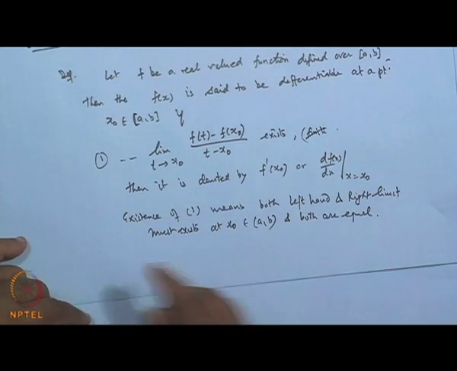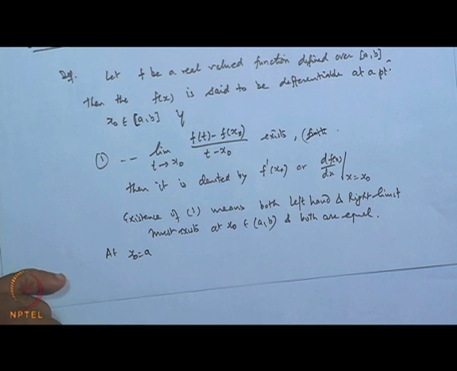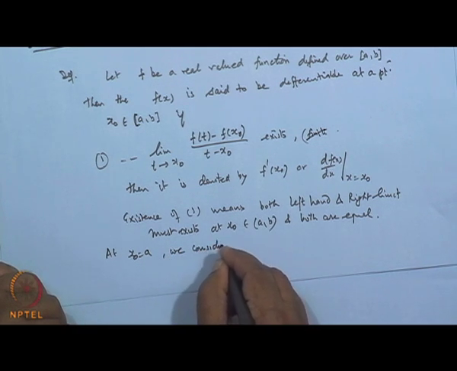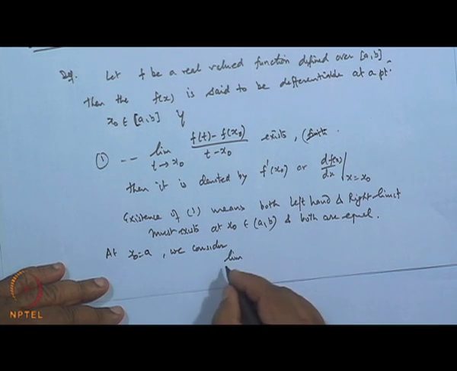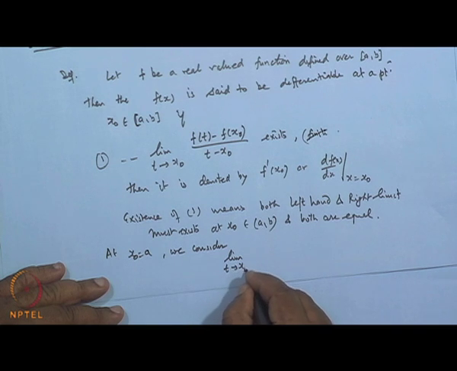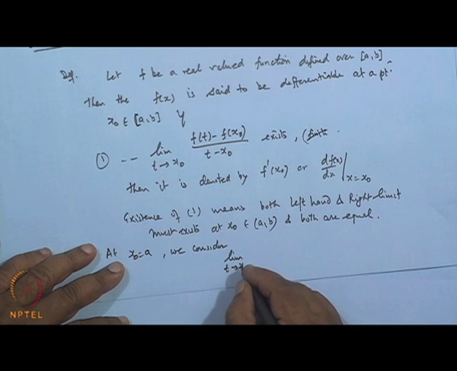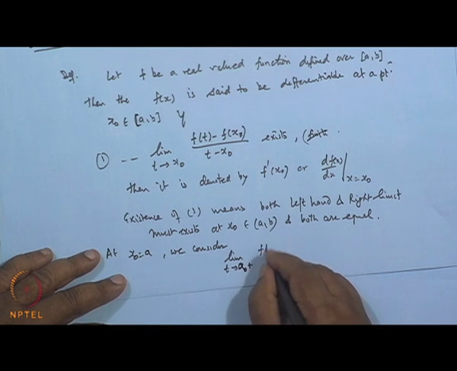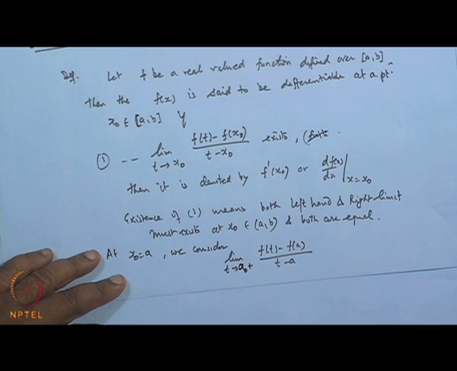At the corner point, x naught equal to a, we consider only the right hand limit, that is, we consider the limit as t tends to a plus of f(t) minus f(a) over t minus a.